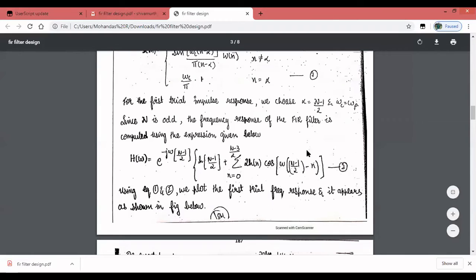This is the formula we are trying to use for the frequency response of an FIR filter.